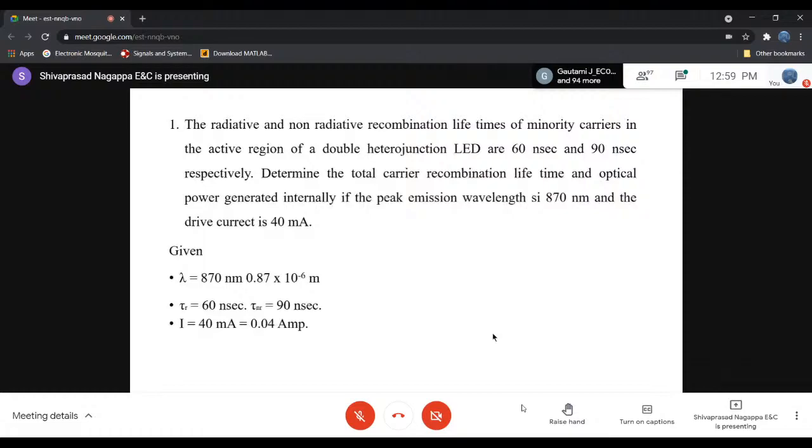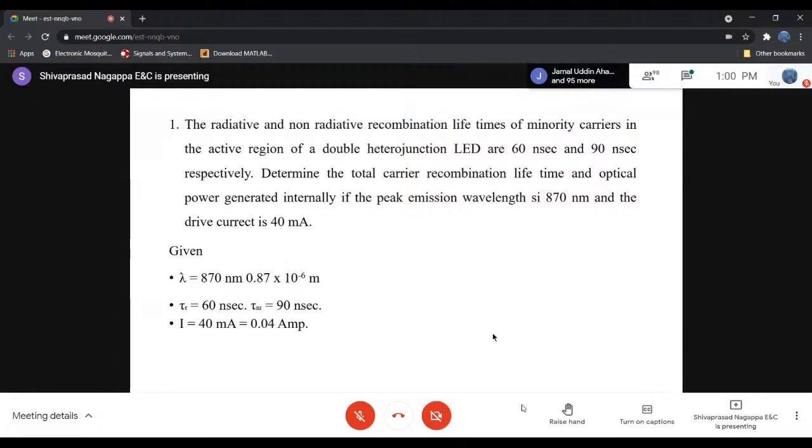The question asks to determine the total carrier recombination lifetime and optical power generated internally if the peak emission wavelength of silicon is 870 nanometer and the drive current is 40 milliamps.